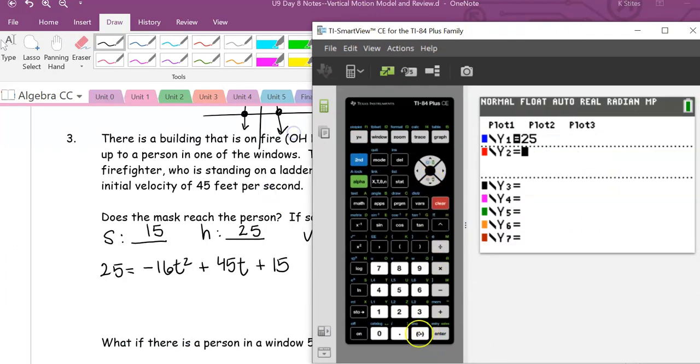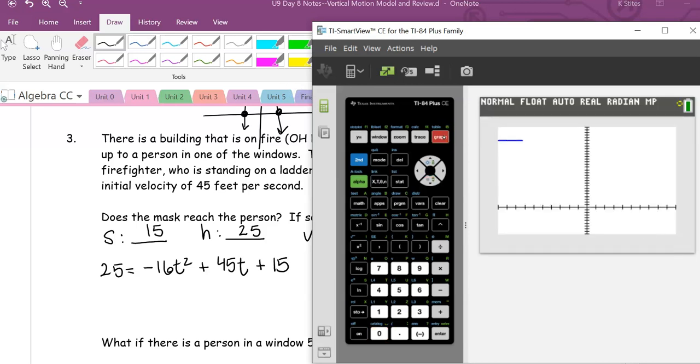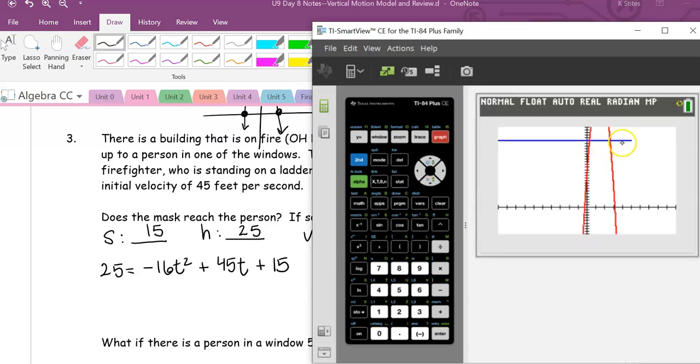Okay, so this is negative 16x squared plus 45x plus 15. And my window I have at 20. I want it a little higher than that. 30. All right, so that line up there, that's representing the window.